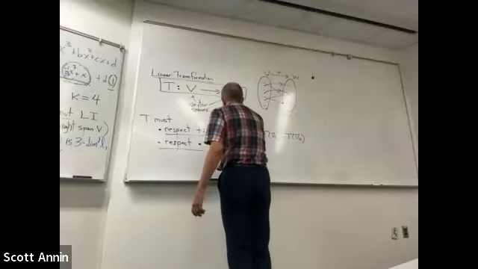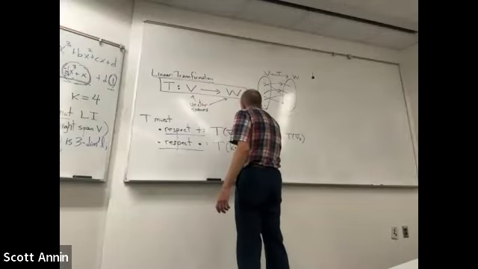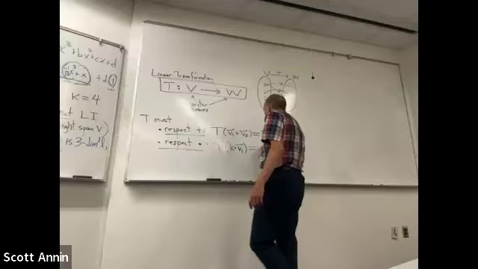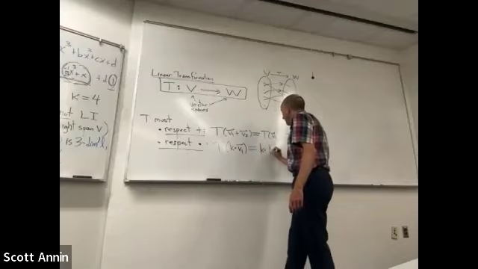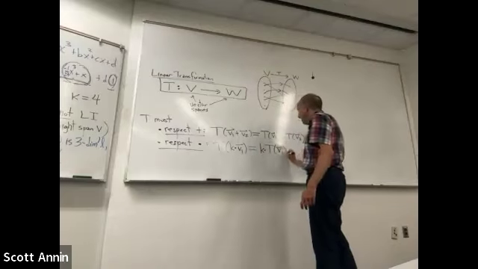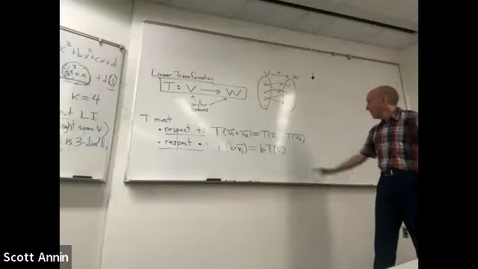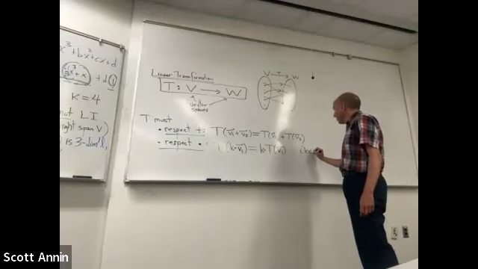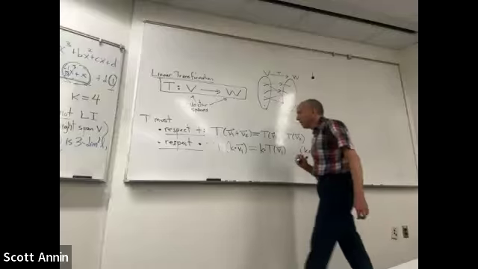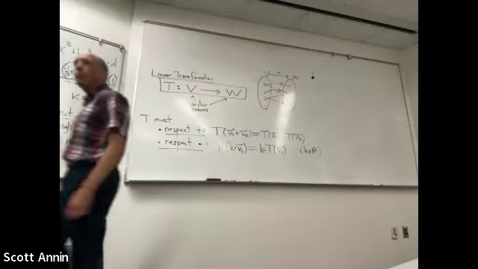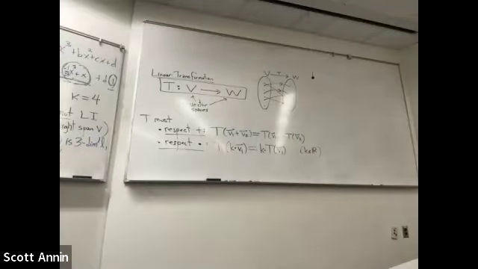So T of K times V1 should be equal to K times T of V1, where K is just some real number. So these are the two conditions that define what a linear transformation is. It's a function that respects addition and scalar multiplication.